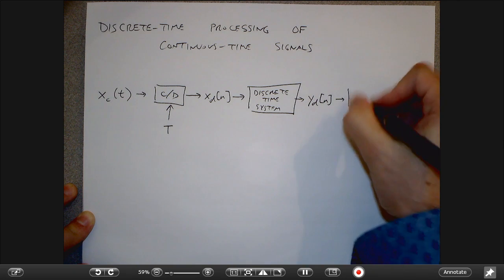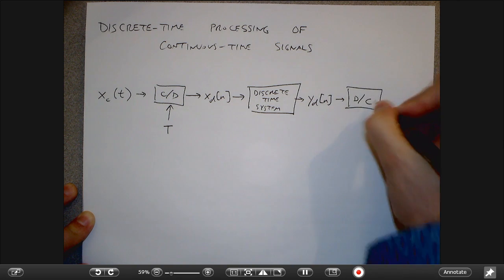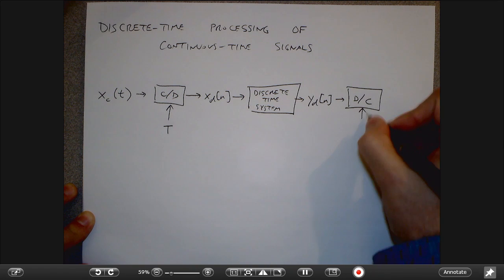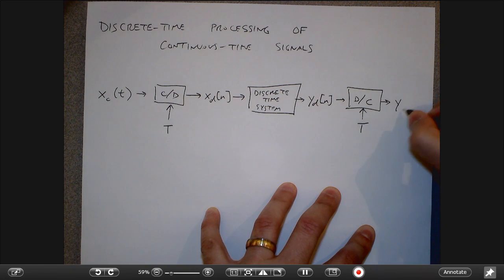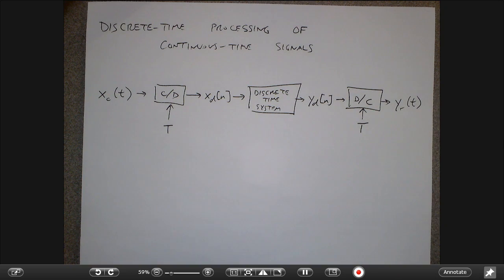Then I turn this back into a continuous time signal with a D to A converter. Again, I have to know what the sampling rate is here. And then my output is some output signal.